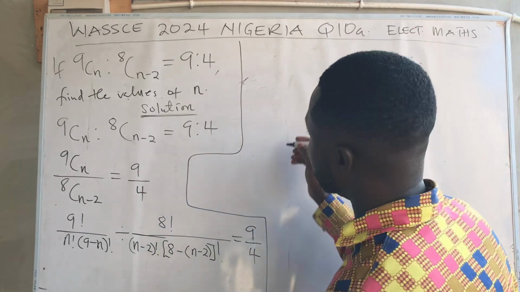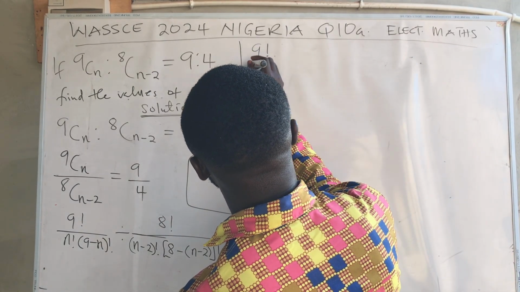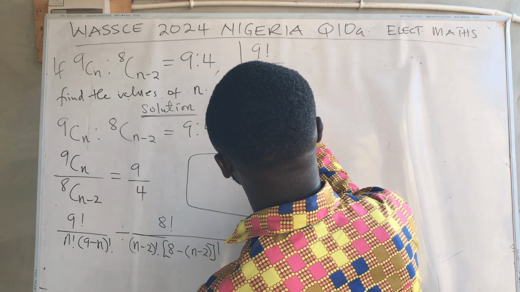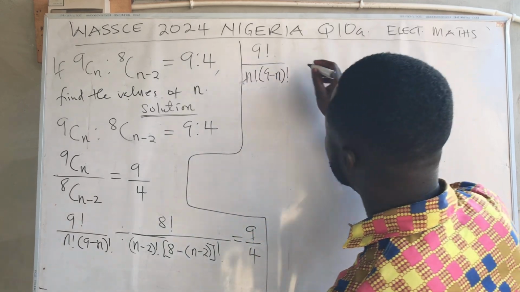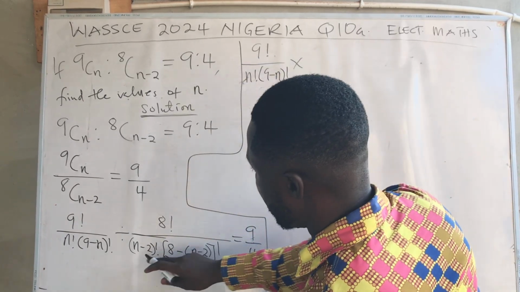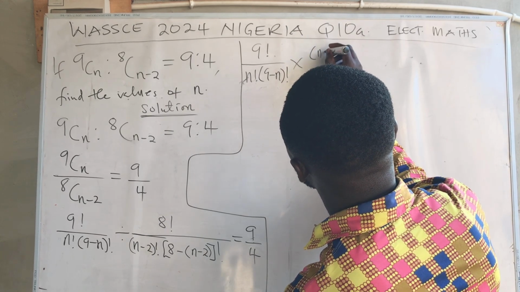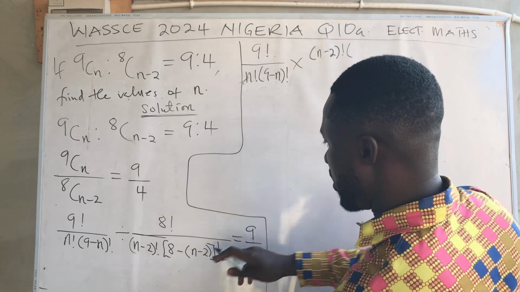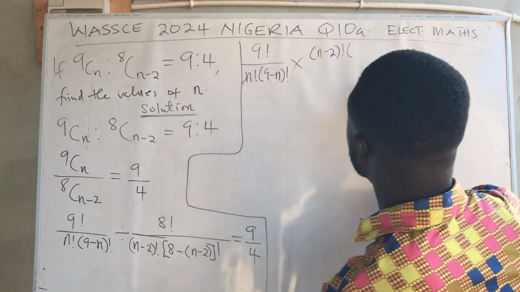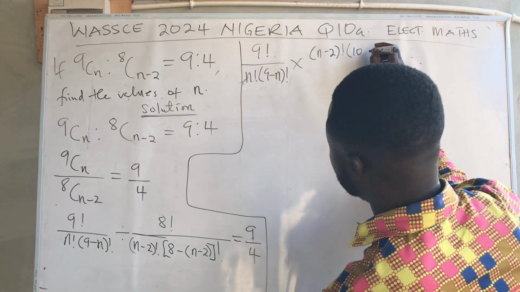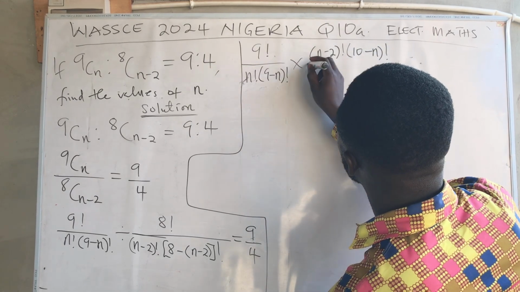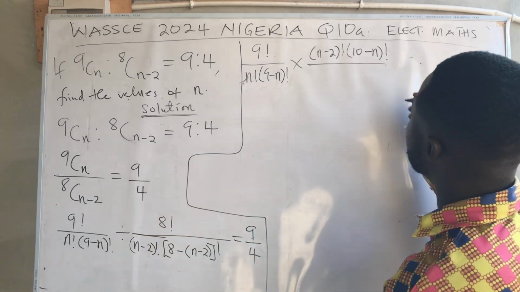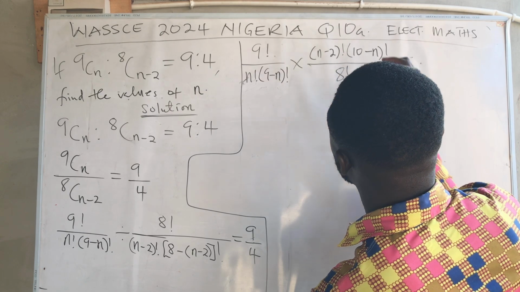We can have 9 factorial all divided by n factorial into bracket 9 minus n all factorial, multiplying n minus 2 all factorial, and then we have to multiply 8 minus 2, 8 plus 2 will give us 10, 10 minus n all factorial, all divided by 8 factorial.